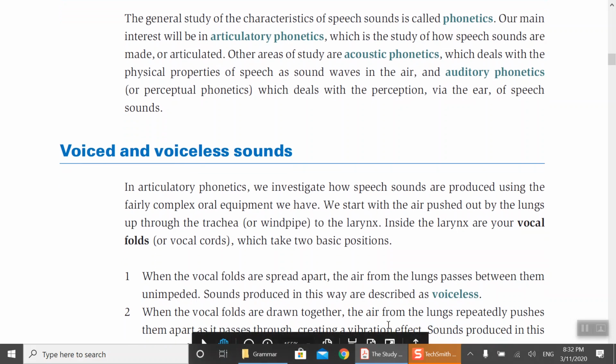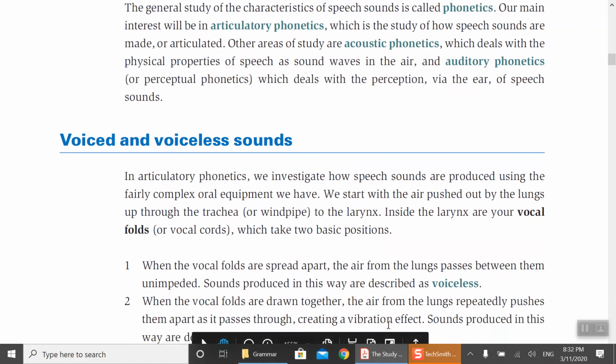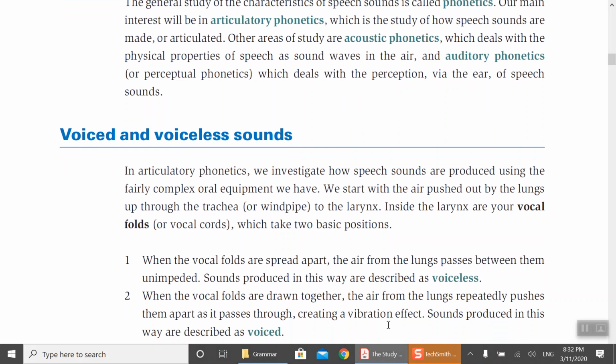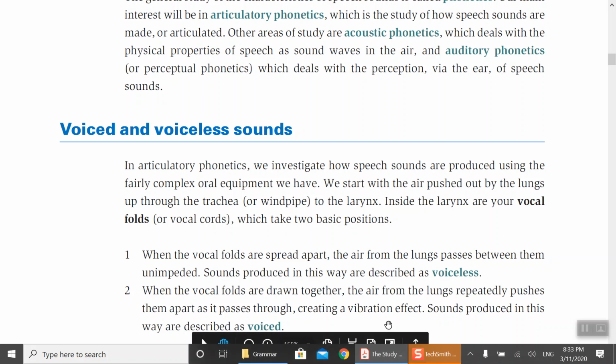Here we have two basic positions. When the vocal folds are spread apart, the air from the lungs passes between them, and sounds produced in this way are described as voiceless. So this is the definition of voiceless.